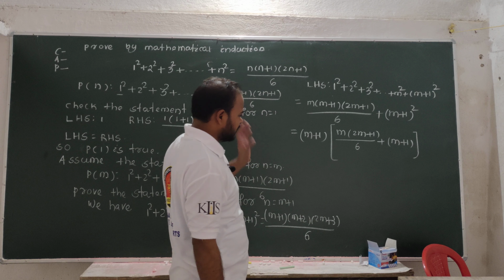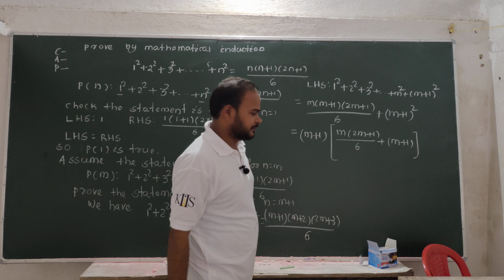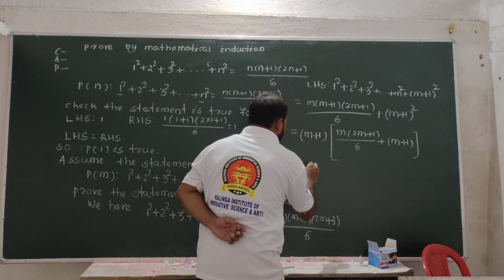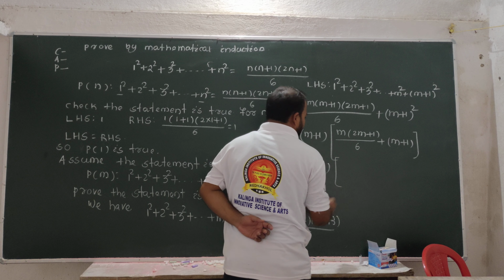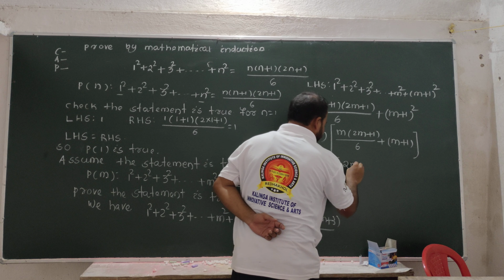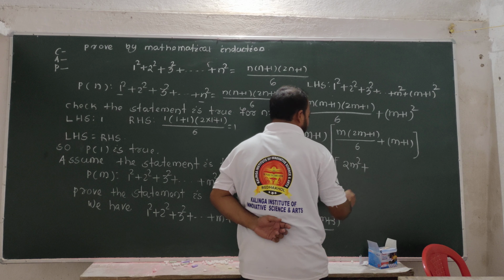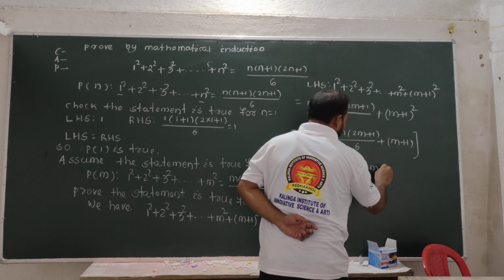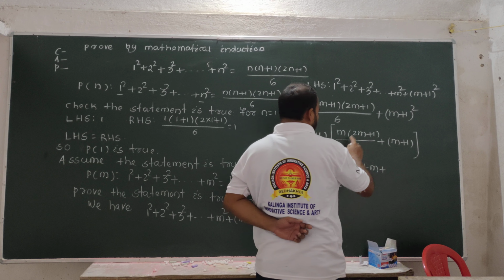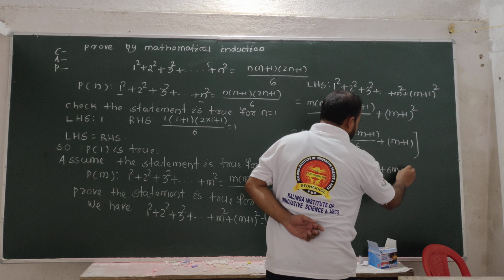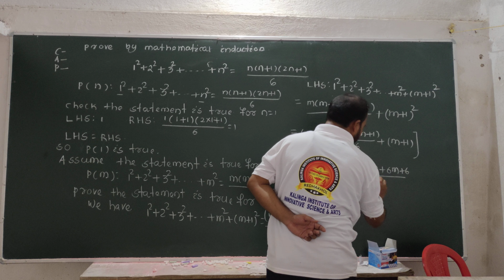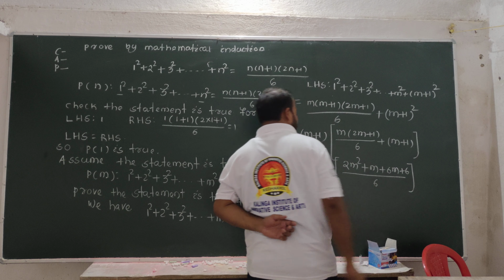Now taking LCM, this is equal to m plus 1 into 2m square plus m plus 6m plus 6 upon 6.